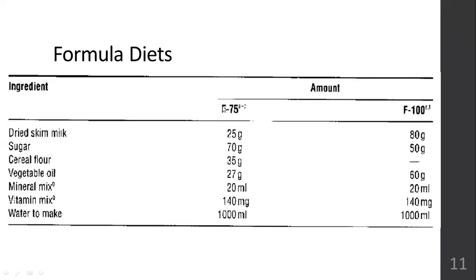A packet of F75 will give you 75 kilocalories. F100 will give you 100 kilocalories. So always you have to start with F75, with fewer calories. Then slowly you will increase it to F100.